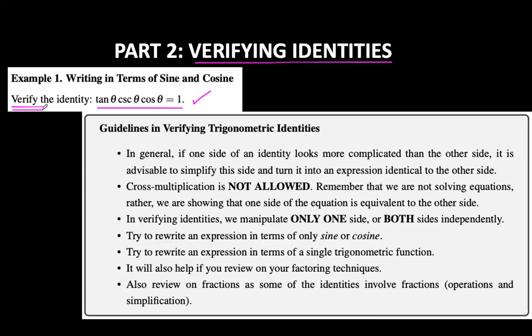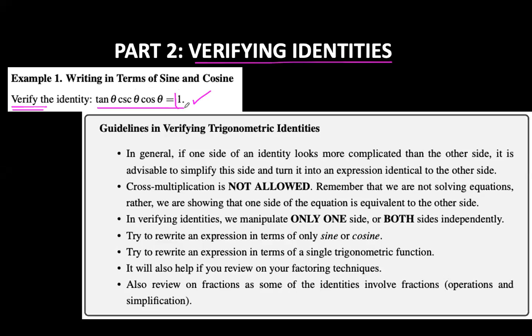How do we verify? We need to express the left-hand side in terms of the right-hand side. Okay? Or the other way around, we express the left-hand side to be equal to the expression on the right-hand side. Dapat we end up at 1.